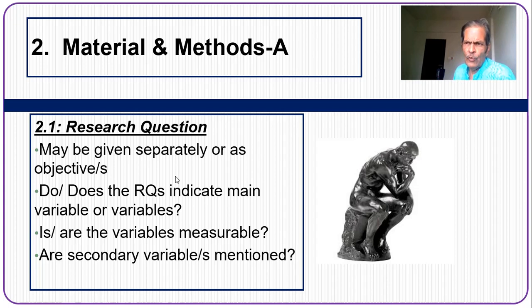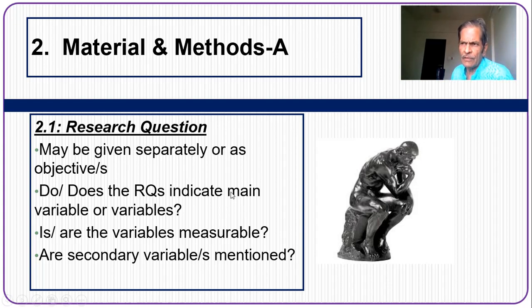There may be one or two pertinent research questions given, or more than two. But what you should see in the objectives and in the research question is whether the research question indicates the main variable or variables. Whether only one variable is included, whether two variables are included, and what those variables are must be indicated in the objectives.